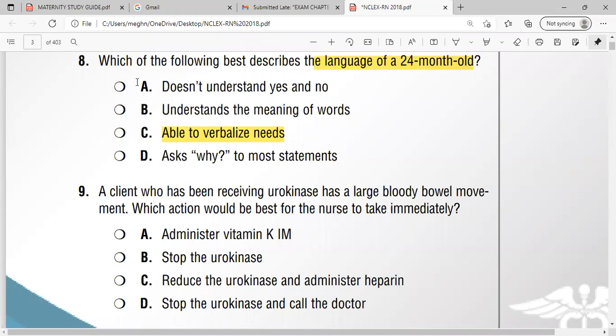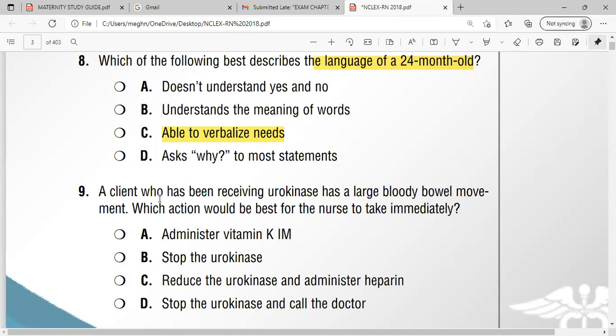A and B are incorrect because children at 24 months understand yes or no, but they do not understand the meaning of all words. And D is incorrect, asking why comes later in the developmental process, not at 24 months old. So number C is correct.